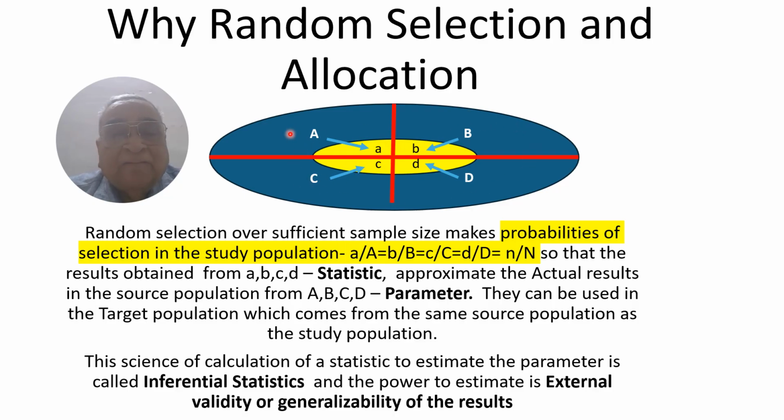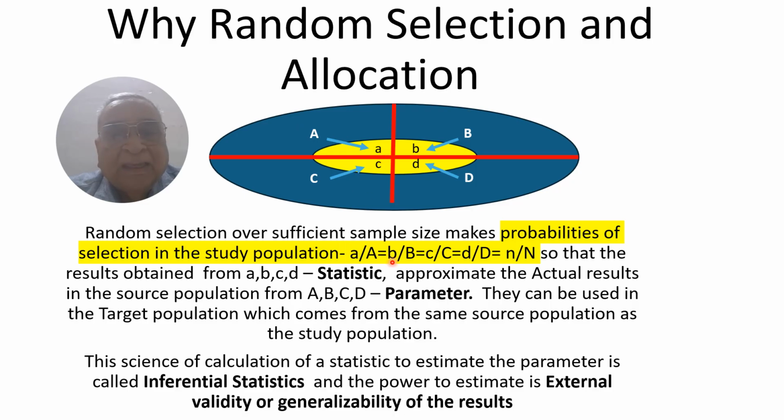The technique of sampling, if we have done a random selection over a sufficient sample size, it will make probabilities of selection into the study population of all types A, B, C, and D, big A, B, C, and D, equal to each other.